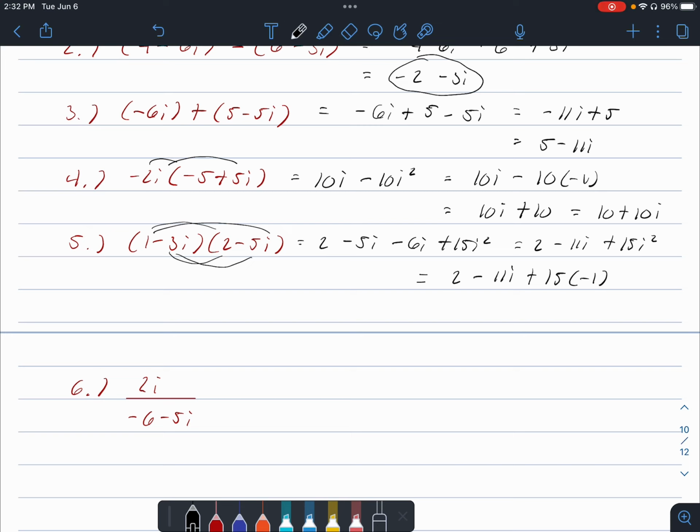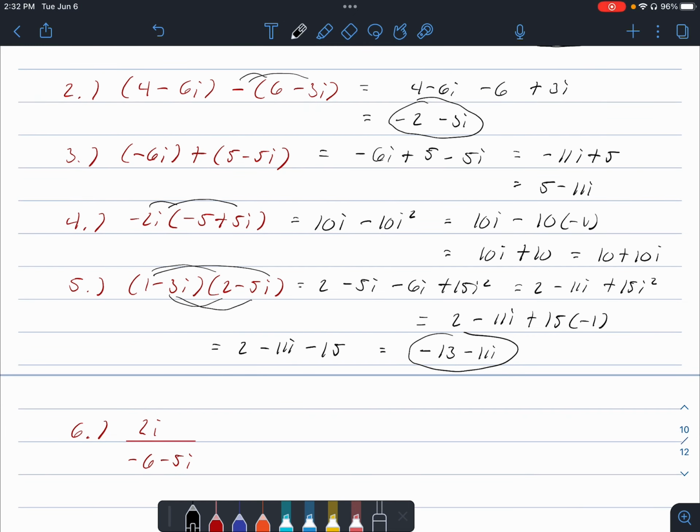So this is really the same thing as 2 minus 11i minus 15. If we combine like terms here, this is really negative 13 minus 11i. Okay, so it doesn't look too different, except when you have instances of i squared, you do have to deal with that and turn that i squared into a negative 1.